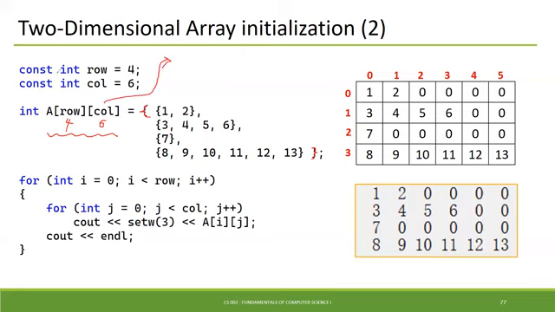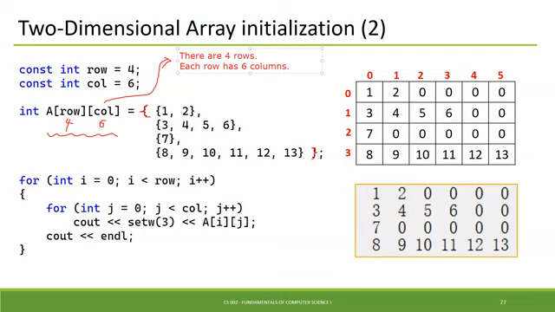So there are 4 rows, and each row has 6 columns, 6 data.